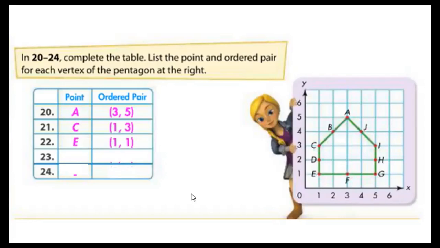The fourth one will be G in sequence. G is represented by 5 and 1. The last one will be I, and I is represented by 5 and 3. Sure. Copy the answer and be ready for the last question. Then prepare your confusion points. I'm going to discuss with you.